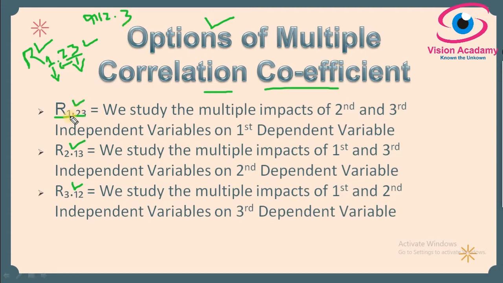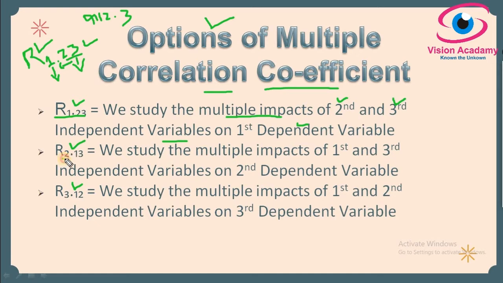Let us understand what R1.23 is. In case of R1.23, we study the multiple impacts of the second and third independent variables on the first dependent variable. Here the capital R means we can specifically say this is a case of multiple correlation, because one dependent variable is affected by two independent variables.